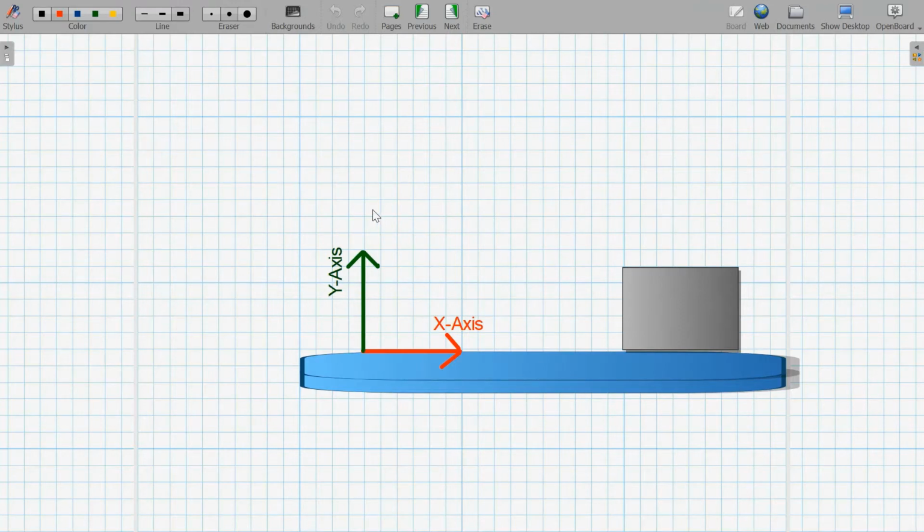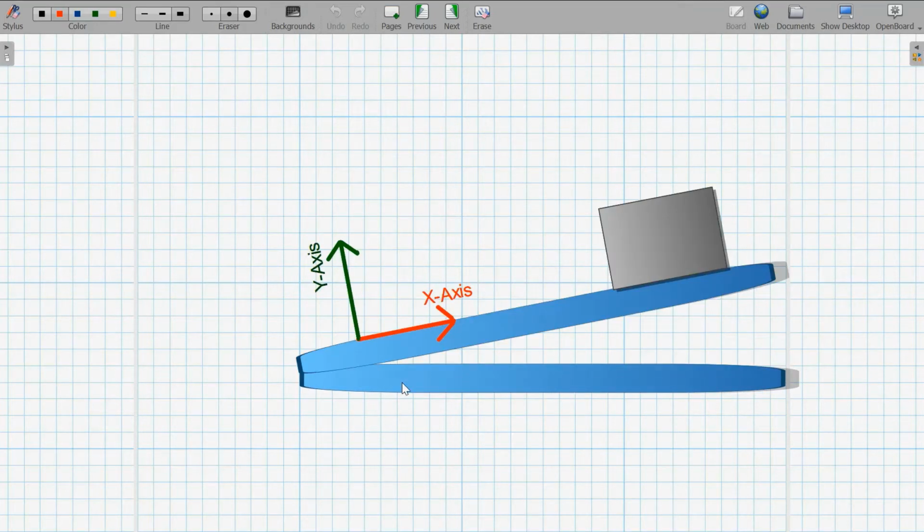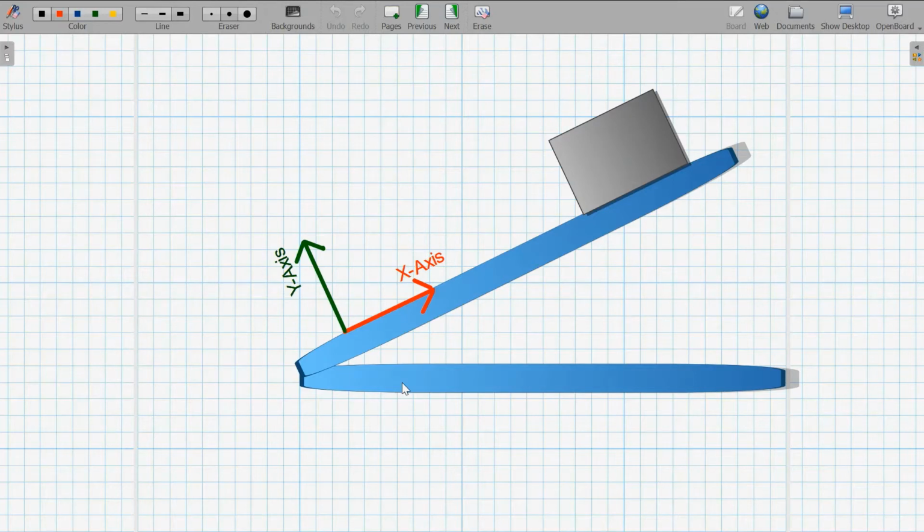Also, notice the coordinate system here. So this coordinate system here has a y-axis and an x-axis. Now, when the plane is sitting completely horizontally, notice how the x-axis points completely in the horizontal direction and the y-axis points completely in the vertical direction. But watch what happens to the coordinate system as I tilt the surface more and more.